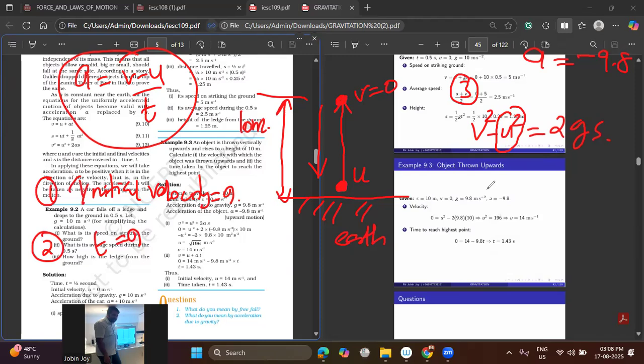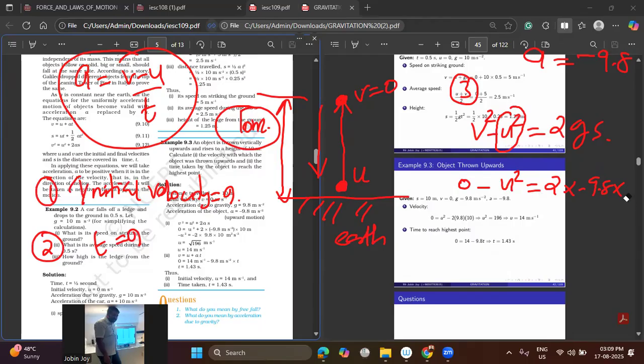So substitute here. 0 minus u square is equal to 2 into minus 9.8 into s. What is s? S means the distance. The object reaches a height of 10 meter, so s is equal to 10.